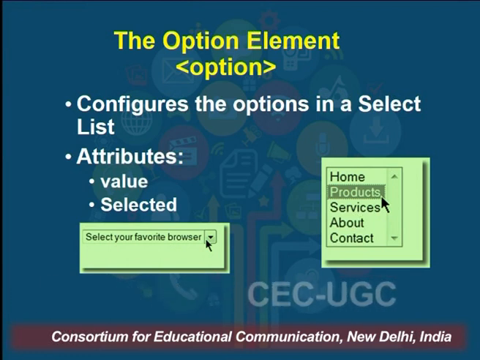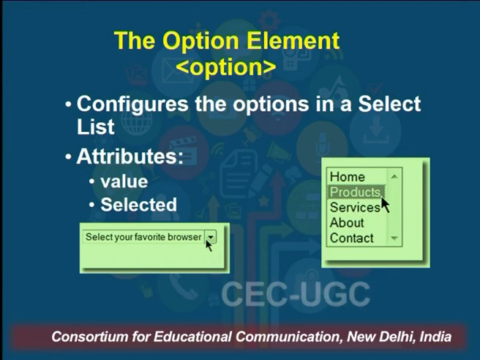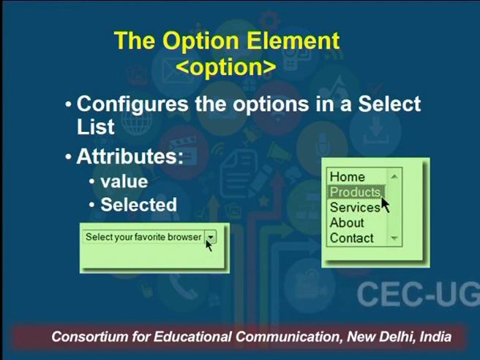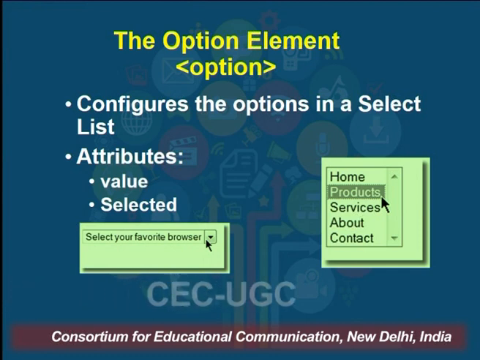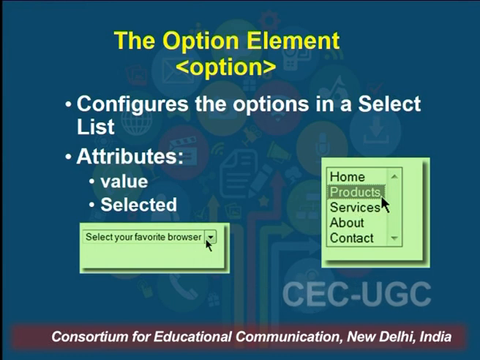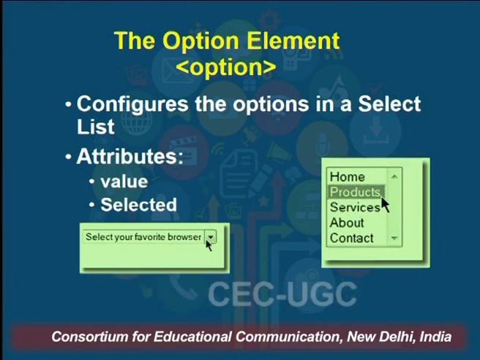Then you can use the value attribute also, and you can use the selected attribute also, right. Whatever you give in the value attribute, in case of option, that is the value which is going to the server. And for a particular option, when you give selected, that option is going to come as selected by default for the user.